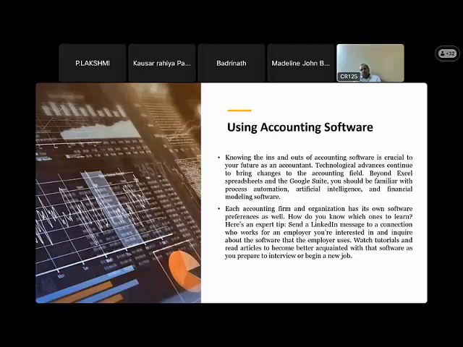Each accounting firm and organization has its own software as well. How do you know which one you have to learn? It's a little complicated, but here is an expert tip: you can send a LinkedIn message to a connection who works for an employer you are interested in and inquire about the software that the employer uses.